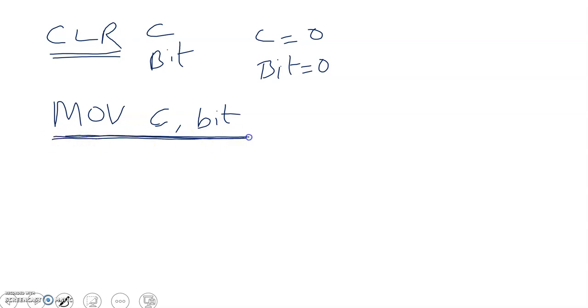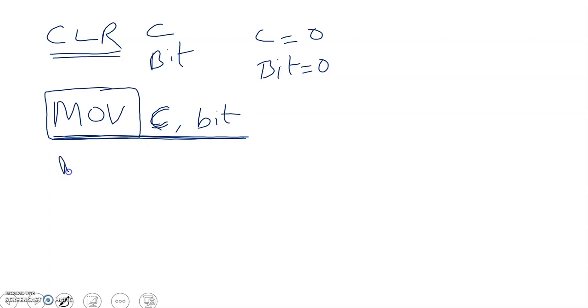We know that MOV is a data transfer instruction, but earlier we used it for transferring 8-bit data between two addresses, or from the accumulator to a register or vice versa. Here we are moving one bit from one position to another.